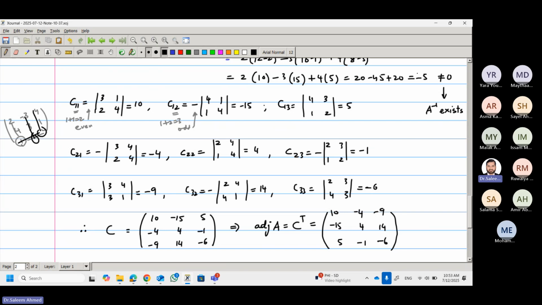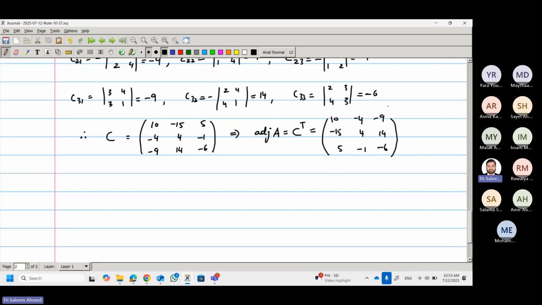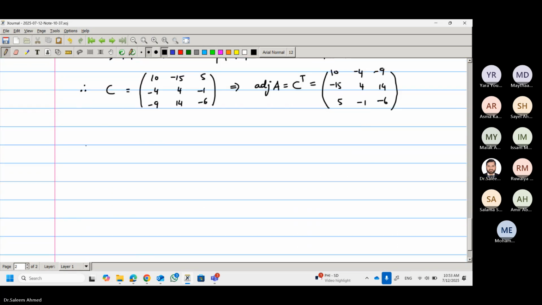Determinant was 5. You see here, the determinant was 5. So hence, the inverse of A is 1 over DET times adjoint. So that is 1 over minus 5. 5 or minus 5? Minus 5.